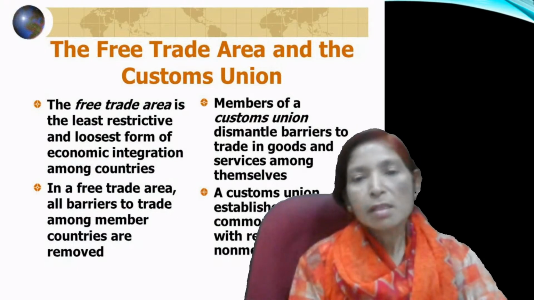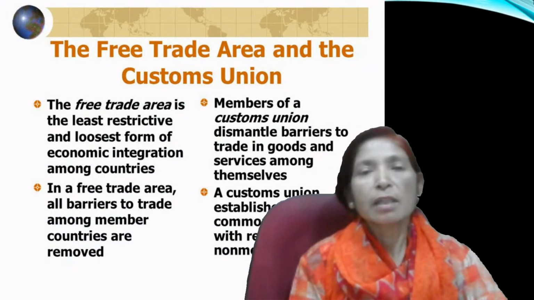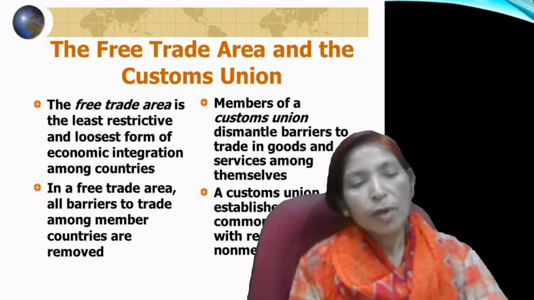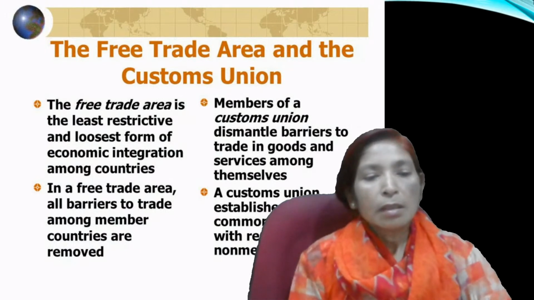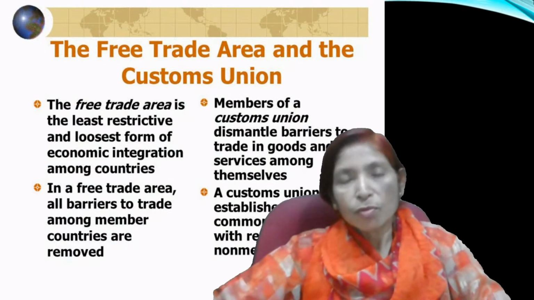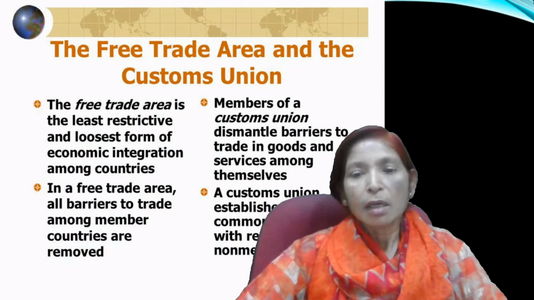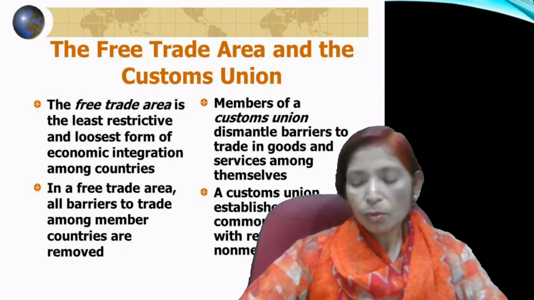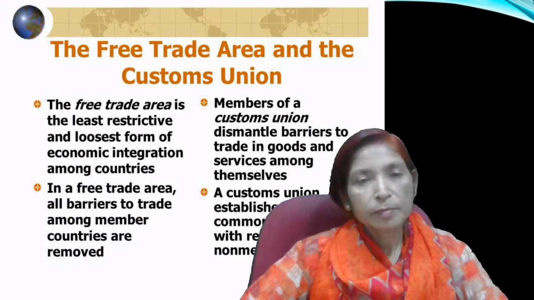In a customs union, members dismantle barriers to trade in goods and services among themselves. In a free trade area, all barriers to trade among member countries are removed. But a customs union establishes a common trade policy with respect to non-members.